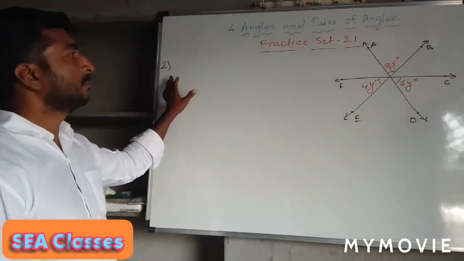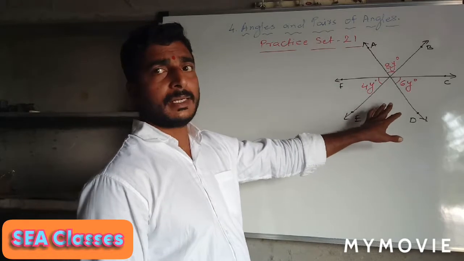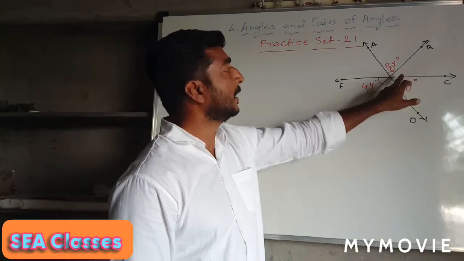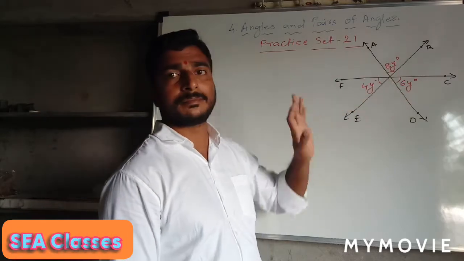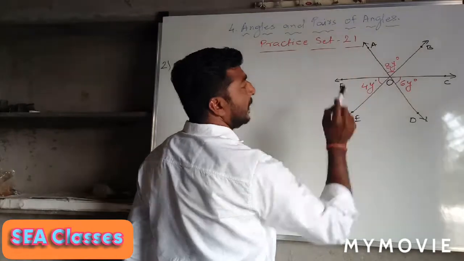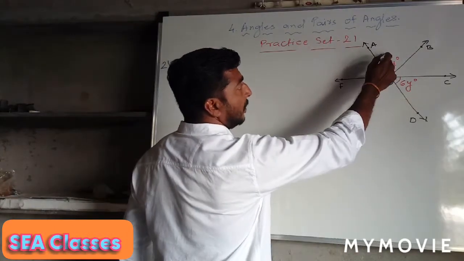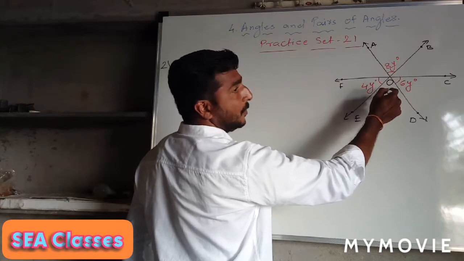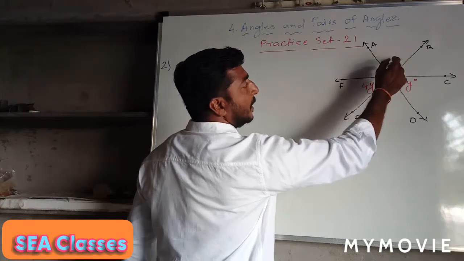Now second example. So there is given the figure, and by using the measures given in the figure, you have to find the measure of remaining angles which are not given here. So now you will see that angle AOB is 8y degree. So the opposite angle of this angle AOB is this vertically opposite angle, and you know that vertically opposite angles are always equal.